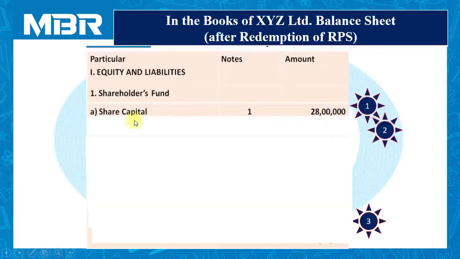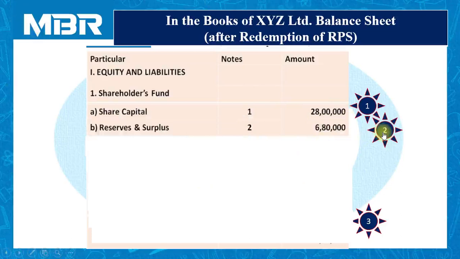So in the balance sheet, we have to include 28 lakhs rupees for share capital. If you have passed all the journal entries very properly with all the calculation, you can easily calculate the total amount of share capital. Number 2, that is reserves and surplus.